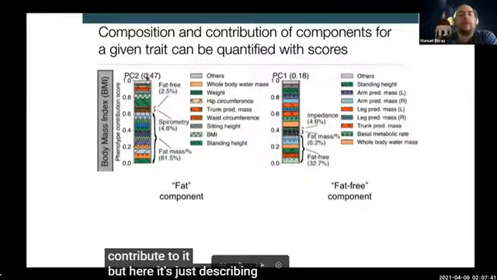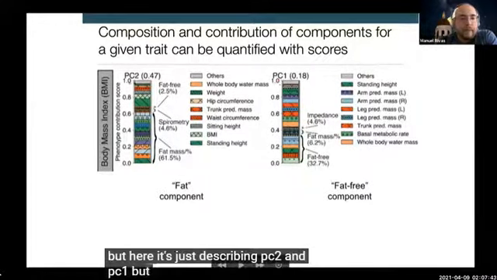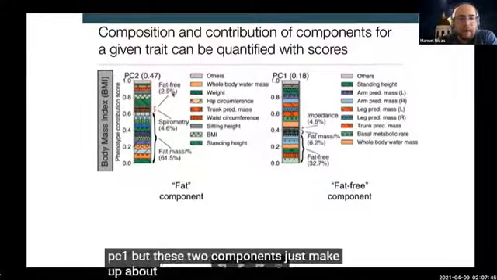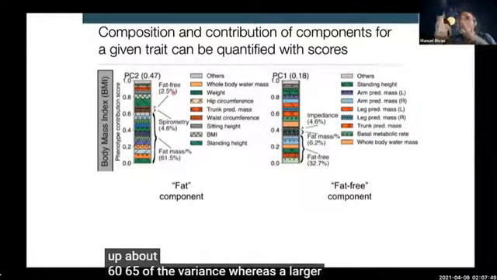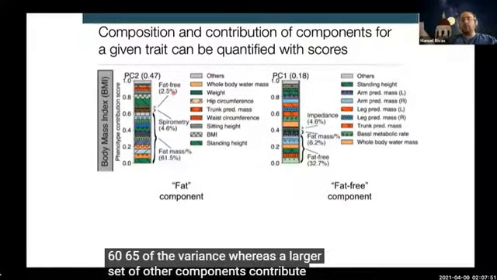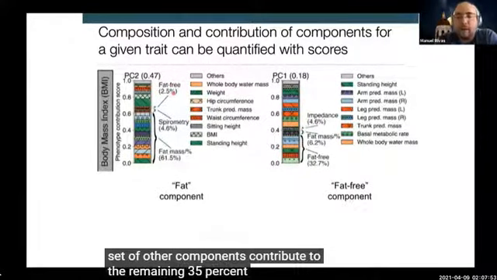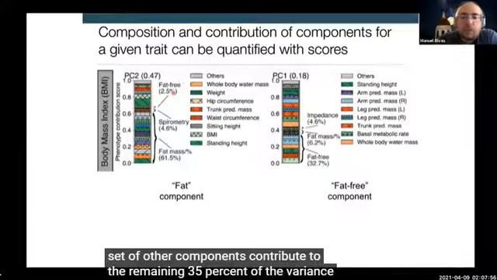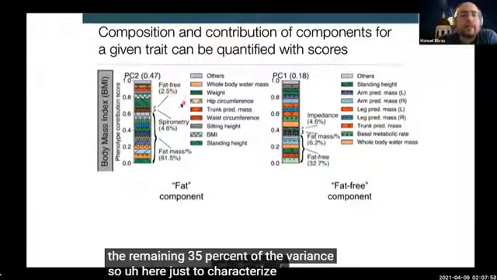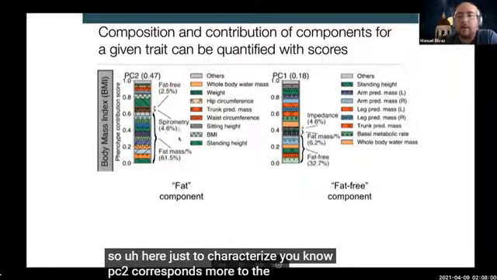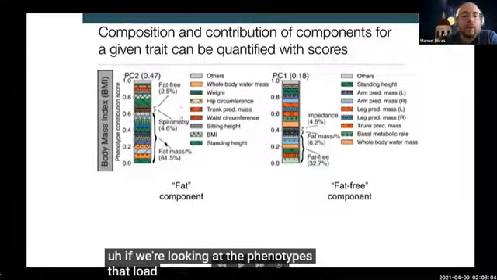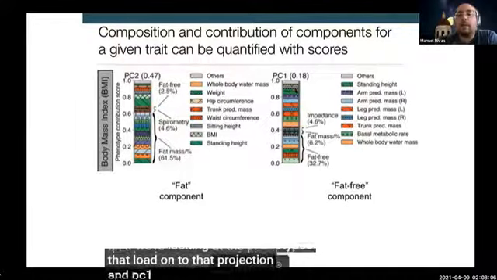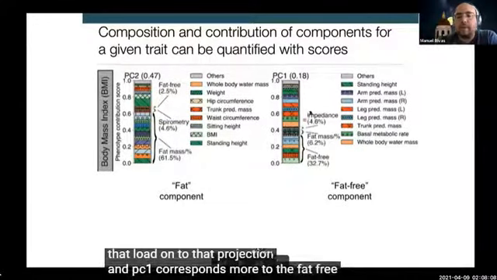Here it's just describing PC2 and PC1, but these two components make up about 60 to 65% of the variance, whereas a larger set of other components contribute to the remaining 35% of the variance. Here, PC2 corresponds more to the fat component of body mass index, if we're looking at the phenotypes that load onto that projection, and PC1 corresponds more to the fat-free mass component.